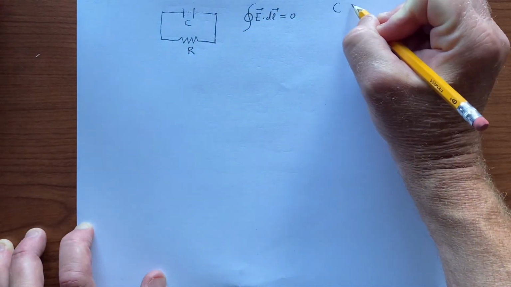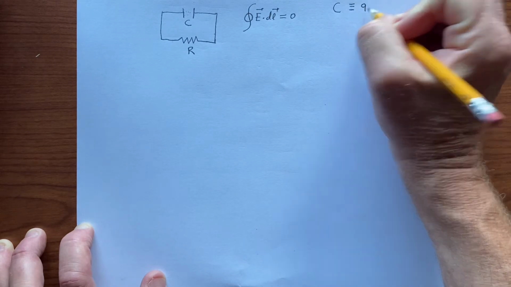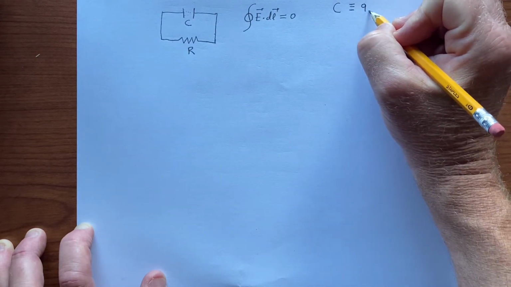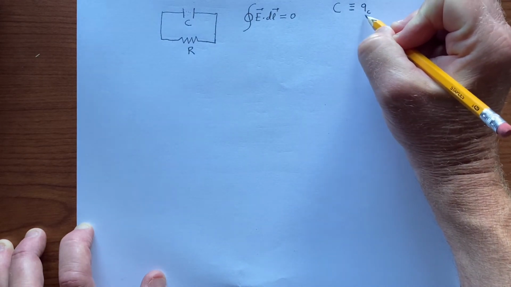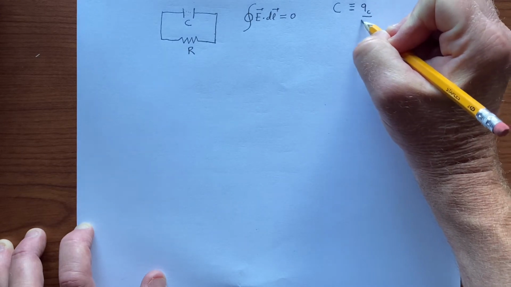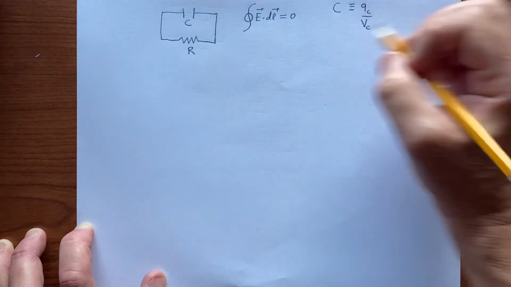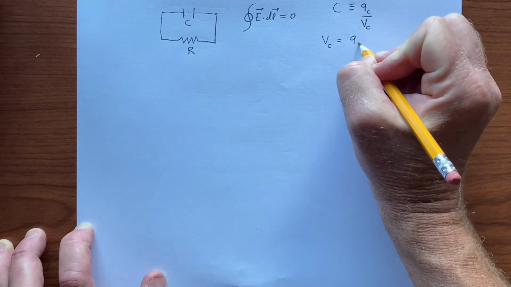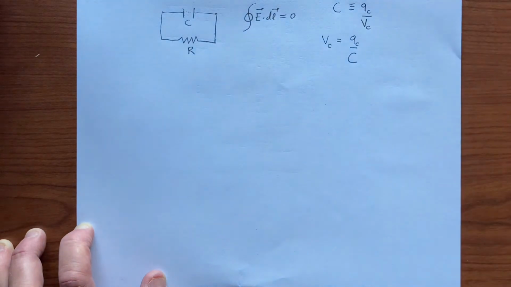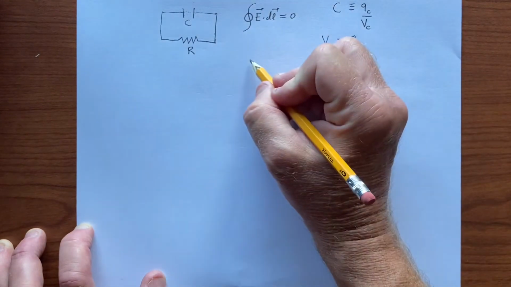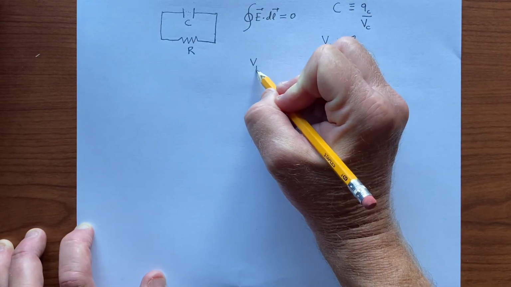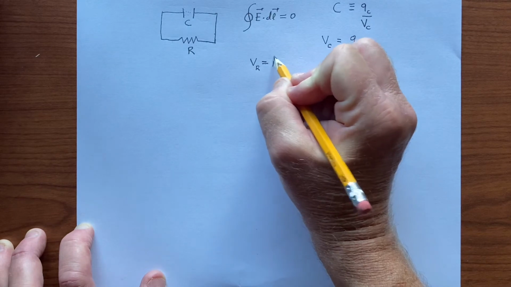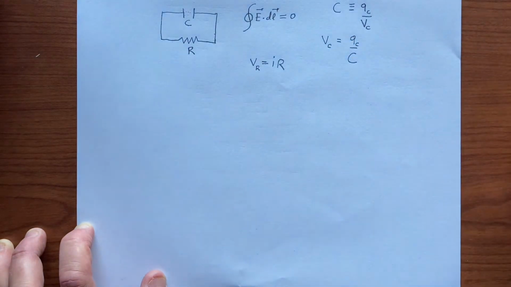So from capacitance being the charge on the capacitor divided by the voltage, we can get the voltage across the capacitor as Q over the capacitance. And we know that if Ohm's law is obeyed, the voltage across the resistor is just current times resistance.